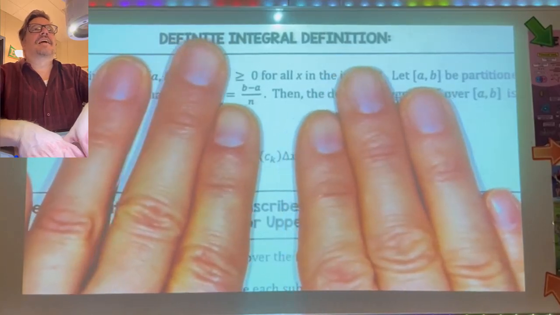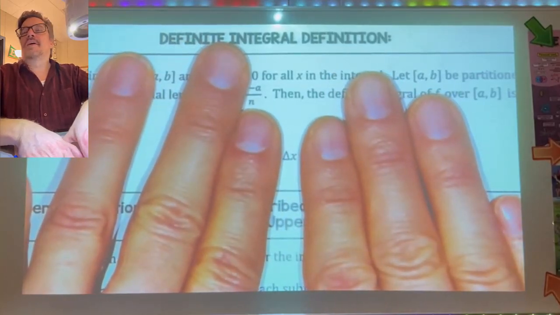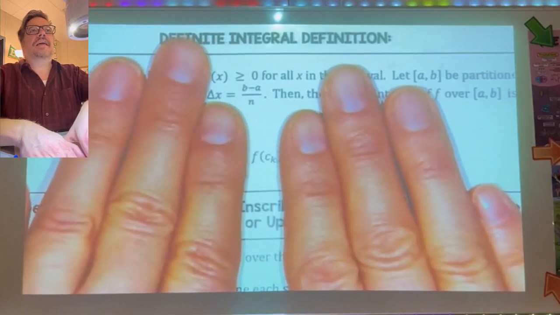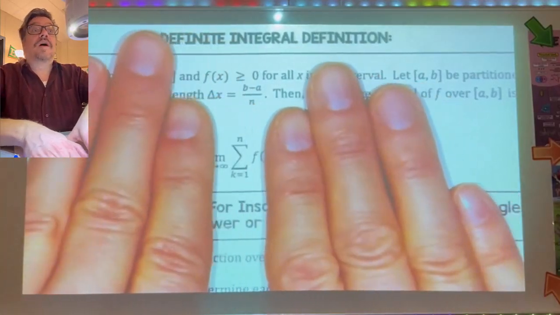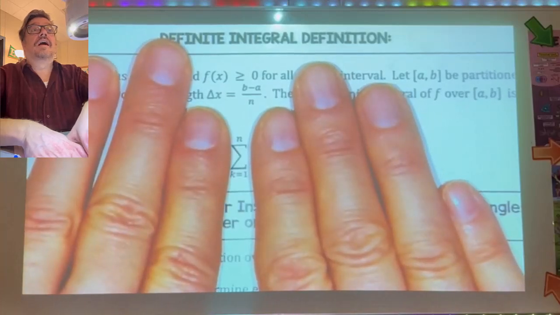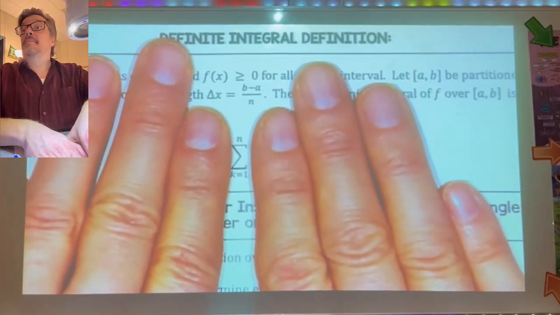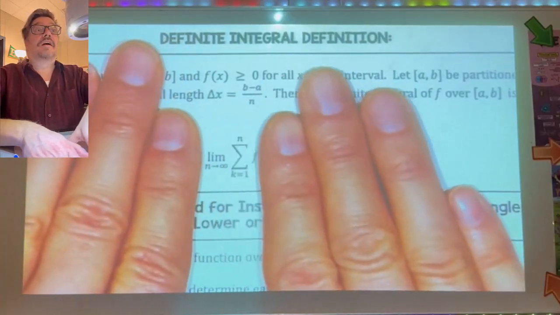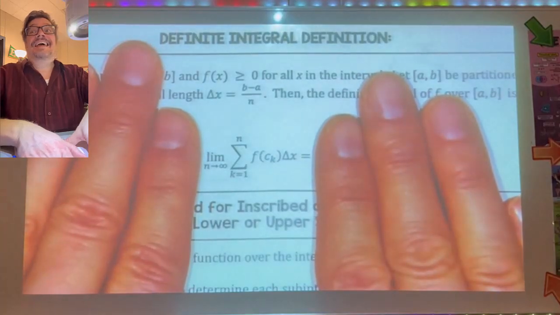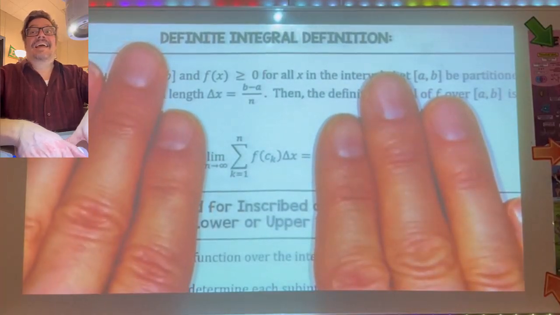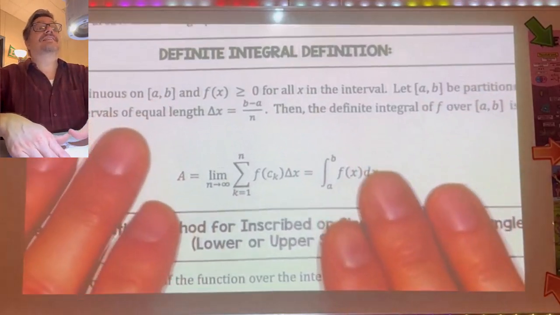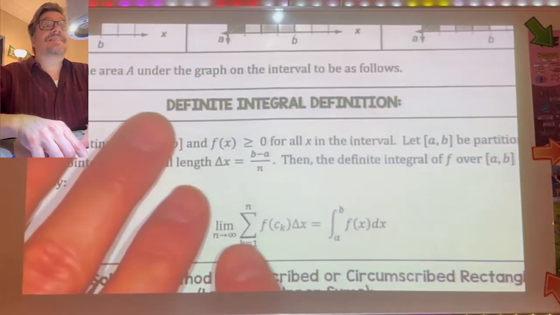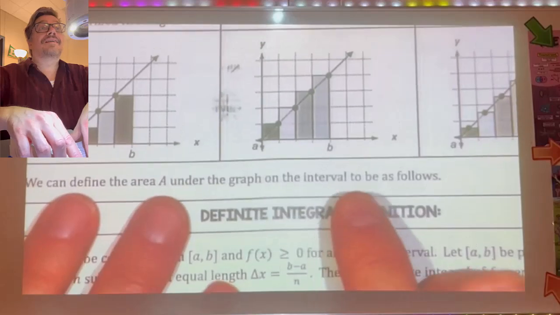This is the height. That's the width of the rectangle. Now, the length times the height gives you the area of one rectangle. What does this do? Adds them all up. What does this guy do? It can only be from here to here. So the idea here is that this n is how many rectangles we're going to take.